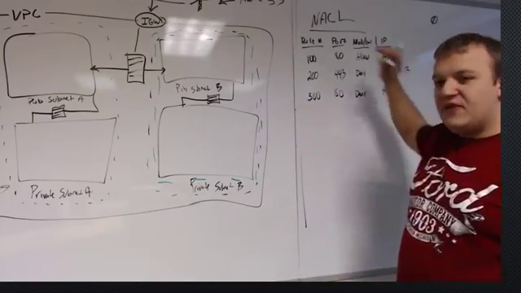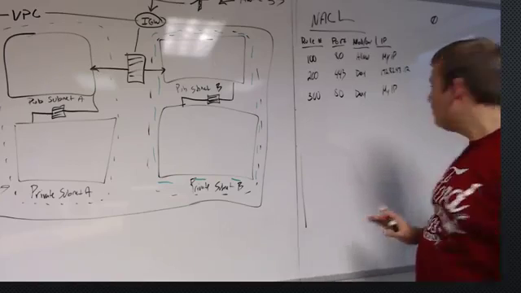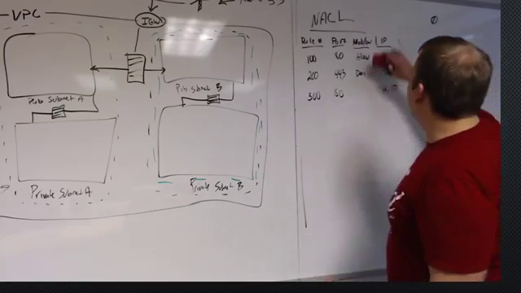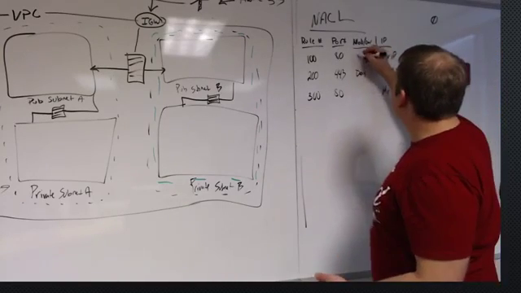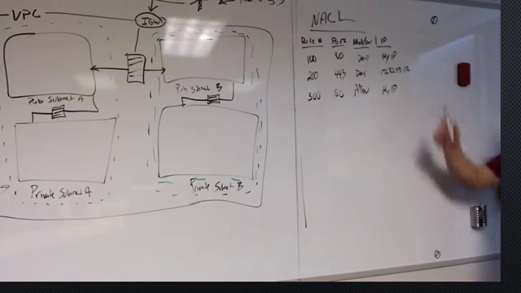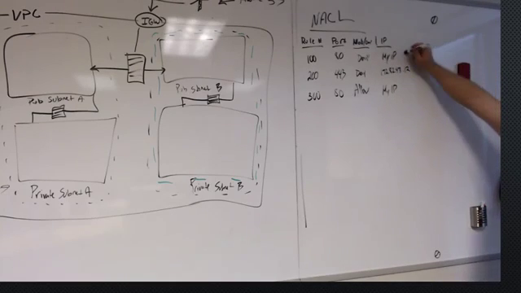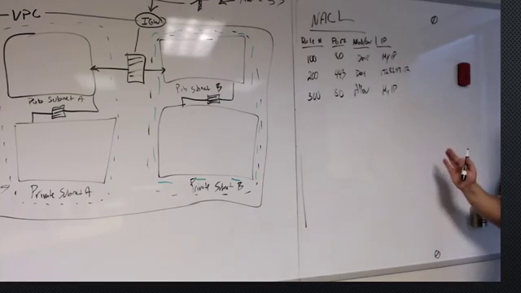So once it finds a rule that applies, it stops looking. If I switch these up, and I made this a deny, and this an allow, can I get in? No. Because it says, I found a rule that applies, you're not allowed. I'm not even going to look any further.